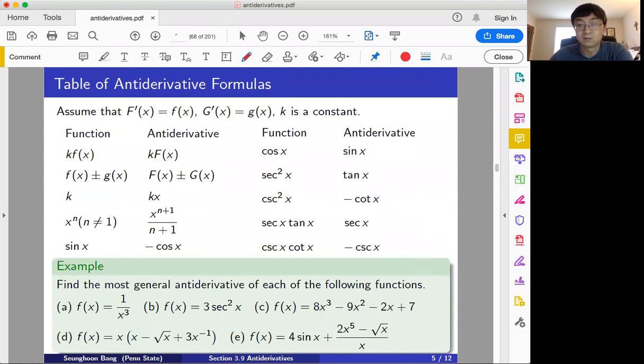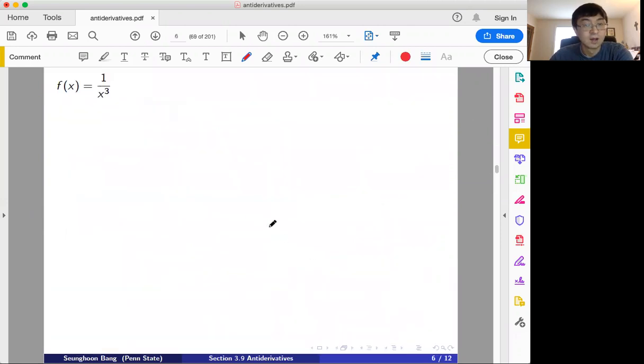So here, f of x equals 1 over x cubed. So we have x to the negative 3. How can you find the most general antiderivative? We can use this rule: for the function x to the n, the antiderivative is 1 over n plus 1 times x to the n plus 1.